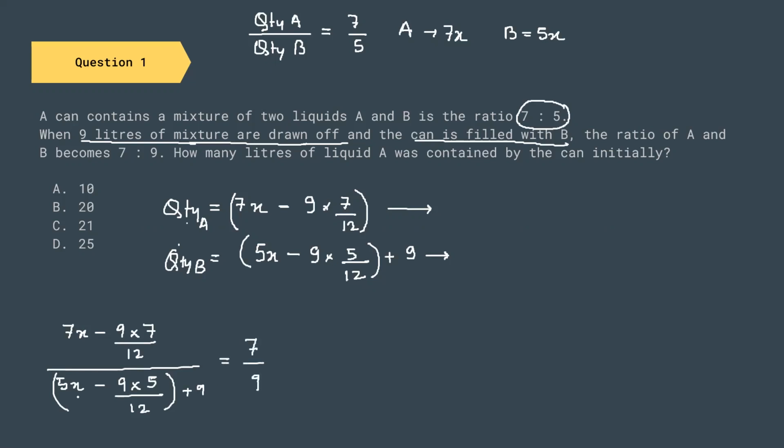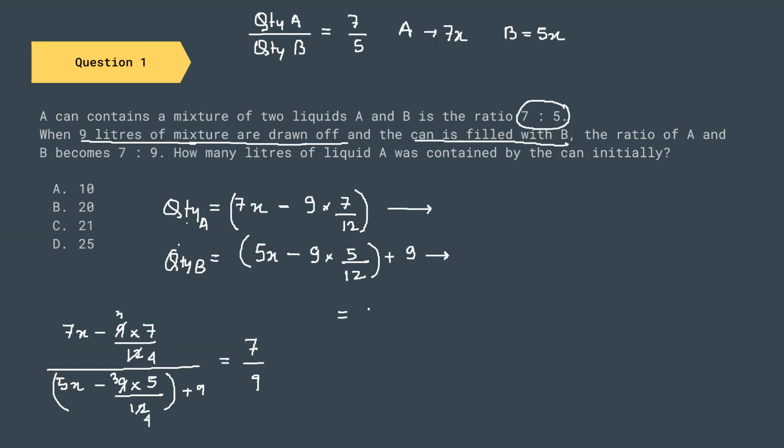And from this equation we have to solve for x. So when we are going to solve for x, let us simplify this one. This will become 3 and this will become 4. This will become 3 and this will become 4.